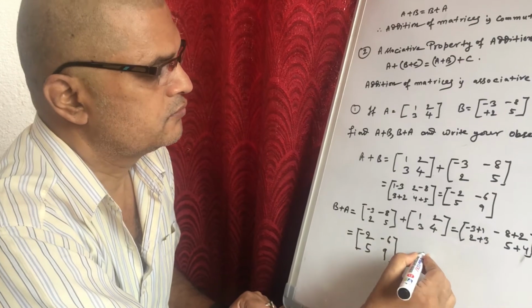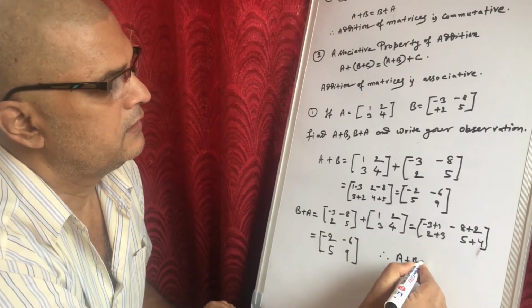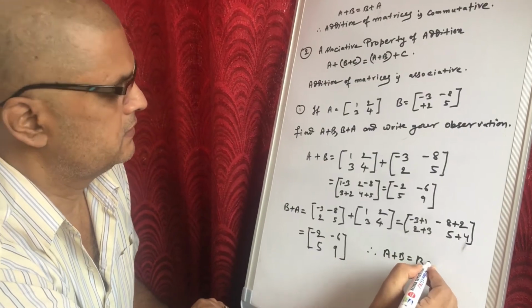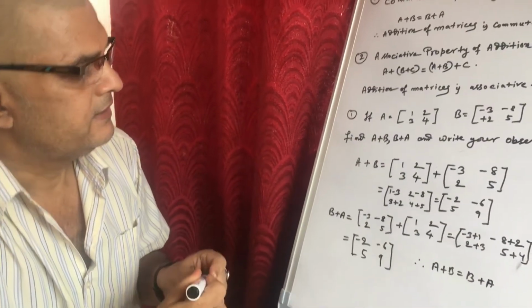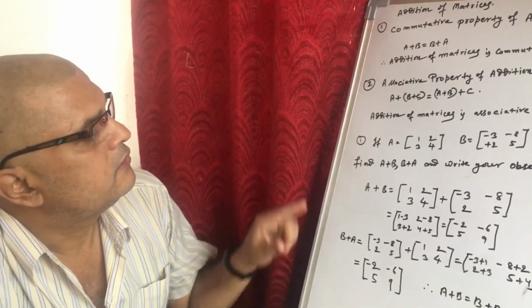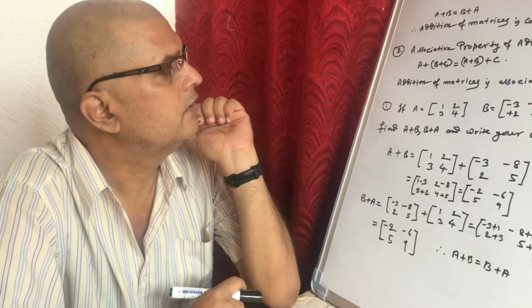So we can say that A plus B is equal to B plus A. Now I can say that the matrices A and B are commutative.